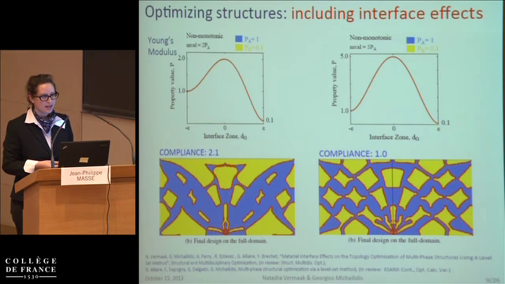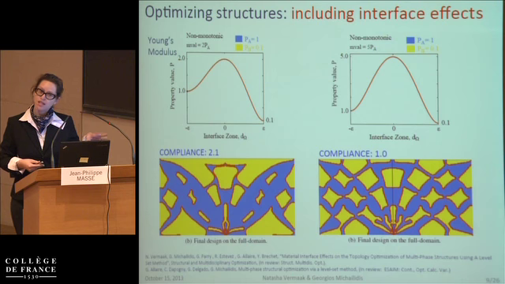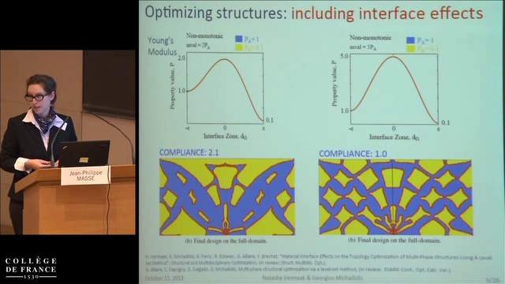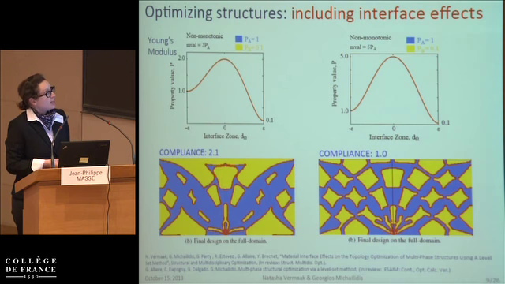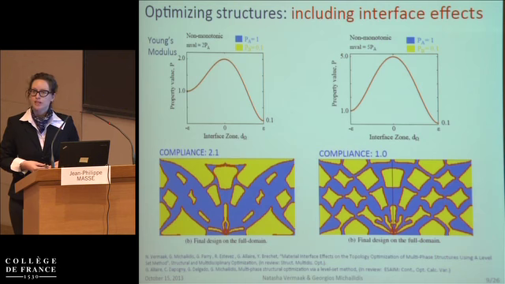And what we see is that, again, there's a volume constraint. This optimization is done under the volume constraint that 50% of this domain has to be the weaker modulus material. And we see that the optimization finds ways to increase the perimeter of this beneficial interface, while still respecting the volume constraints on the problem.